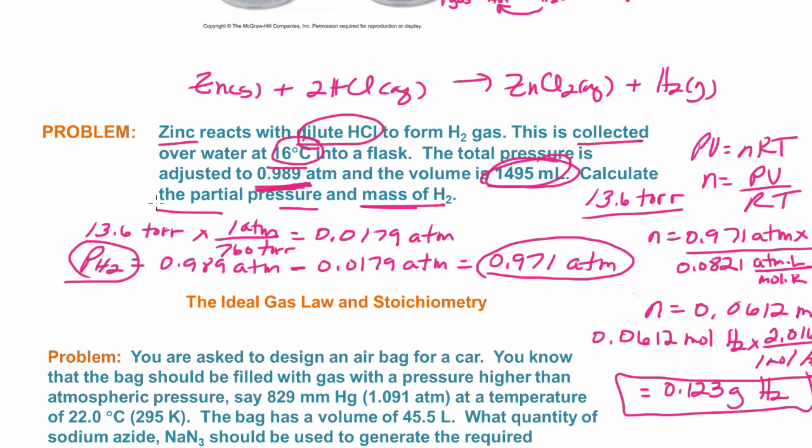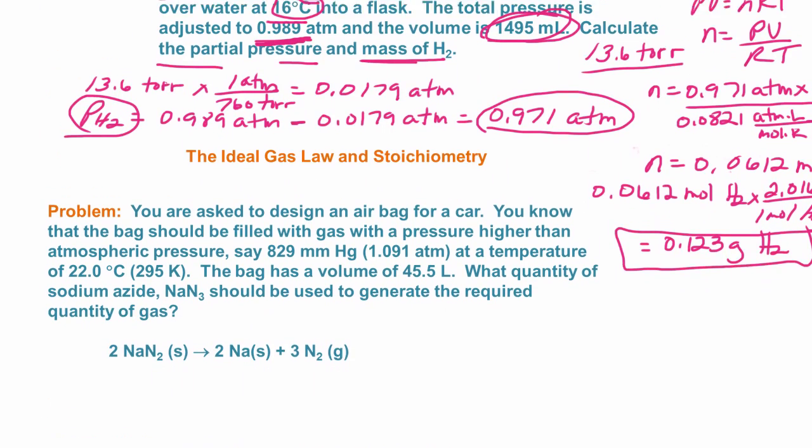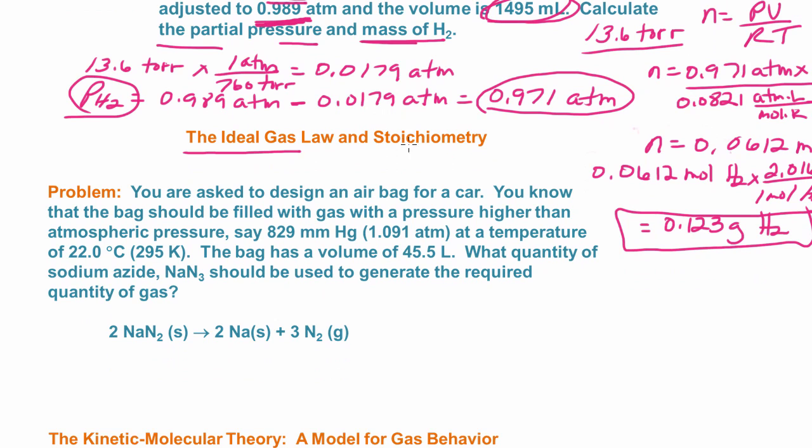Okay, let's move on, and this will be the last part of our video here. We can also use the ideal gas law and stoichiometry, equation stoichiometry. So in this problem here, we're asked to design an airbag for a car. We know that the bag should be filled with gas that has a pressure higher than atmospheric pressure.